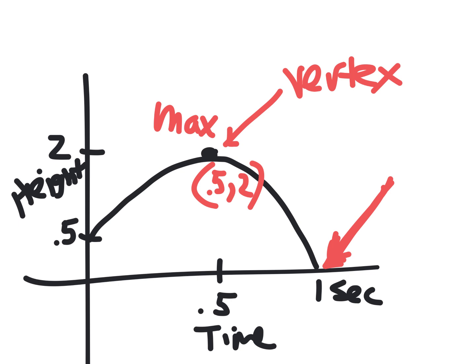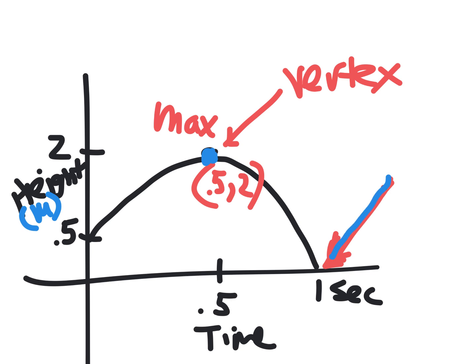Half of a second. And 2 meters. I think I said the height was in meters. So this was how high the die was at about a half a second. It was 2 meters off the ground.